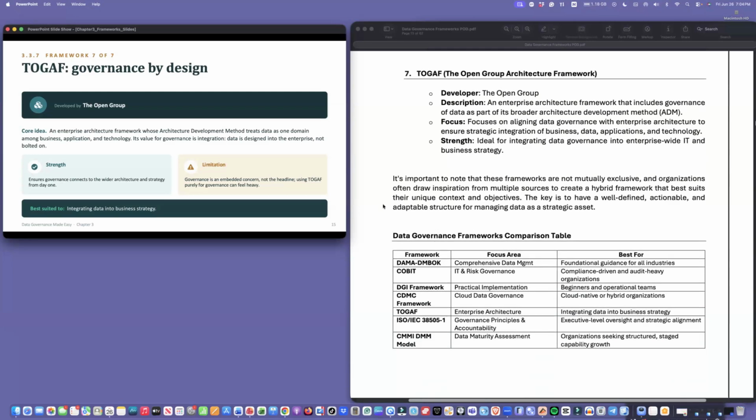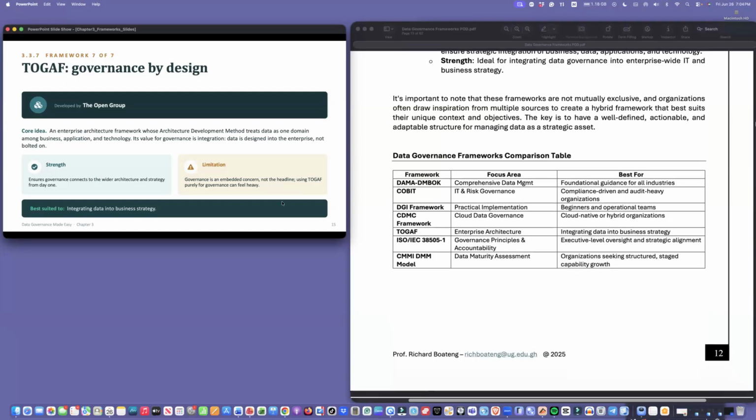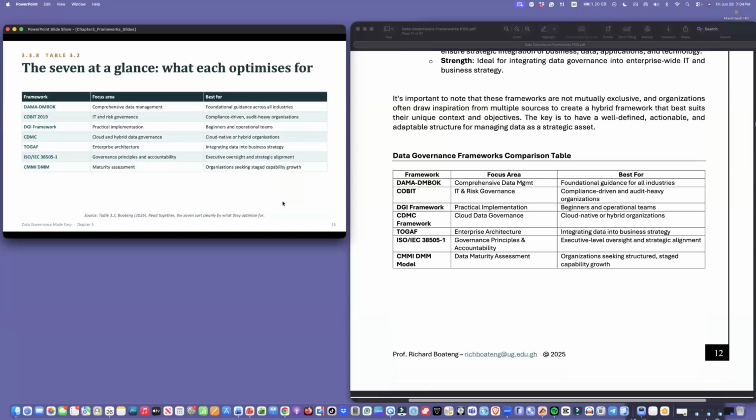So if I have an enterprise architecture mindset with the objective of integrating data into business strategy, I'm going for TOGAF. If I have governance at the executive level, an accountability mindset with the objective of establishing strategic alignment at the executive level, I'll go for ISO 38505-1.